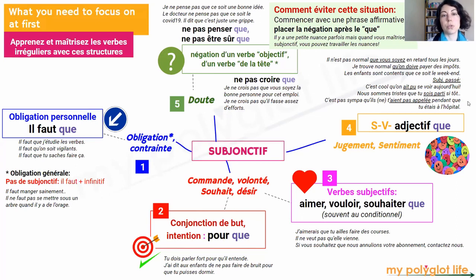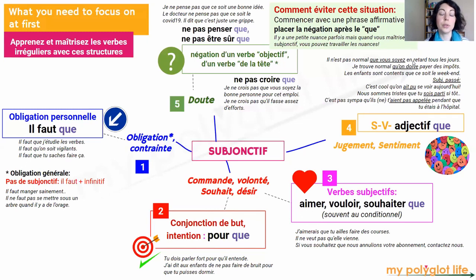Le docteur pense que ce n'est pas le Covid-19. Je crois que vous n'êtes pas la bonne personne pour cet emploi. So sometimes there's a little nuance in the meaning, but it doesn't really matter. At least you will get the grammar right and you will avoid thinking about the subjunctive. Try to start your sentences with je pense que, je crois que, and you'll be fine.